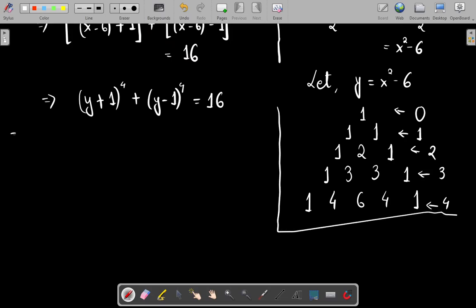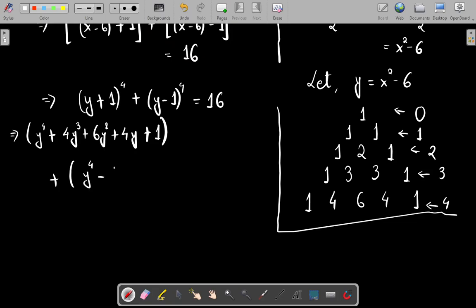So expanding the fourth power: y⁴ + 4y³ + 6y² + 4y + 1, and for the minus, the sign will alternate, so it starts positive, then negative 4y³, then positive 6y², then negative 4y, then positive 1, equal to 16.